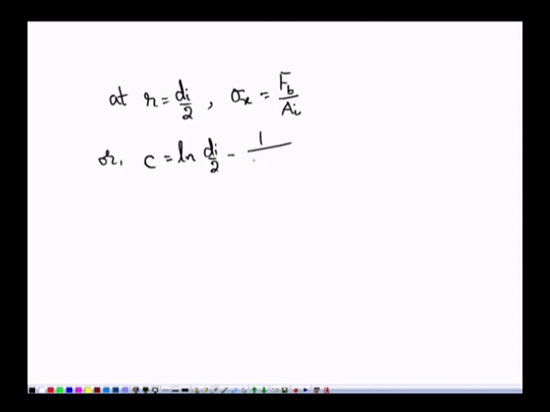So I am writing here that when r is equal to d initial by 2, this sigma x stress would be equal to the back force applied divided by the initial area, or you can say the value of c becomes log of d i by 2 minus 1 upon 2.